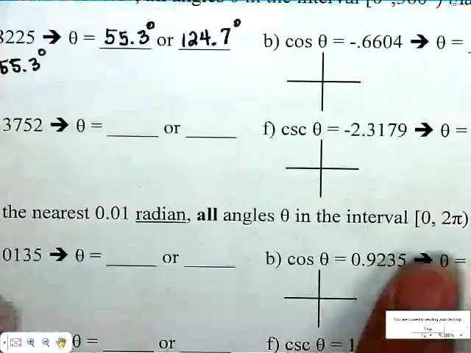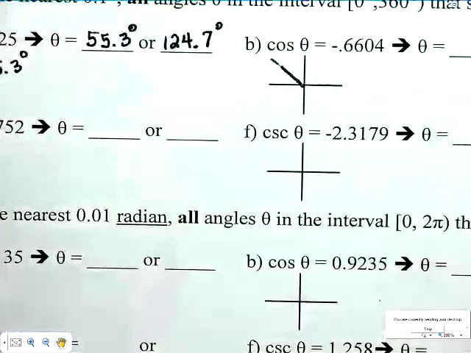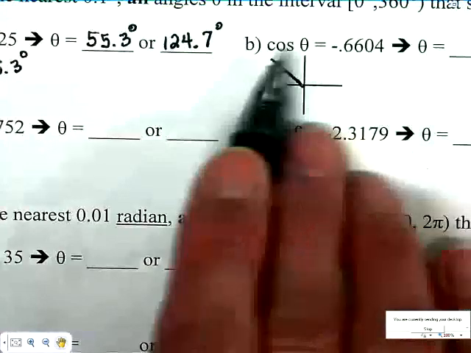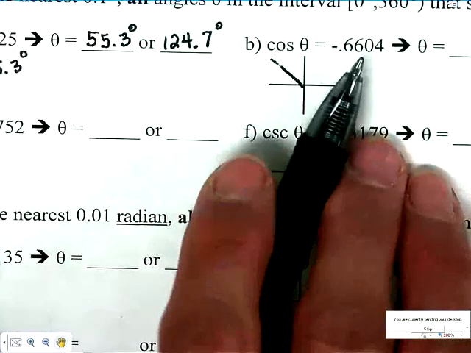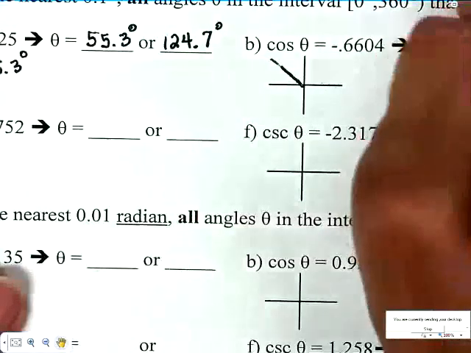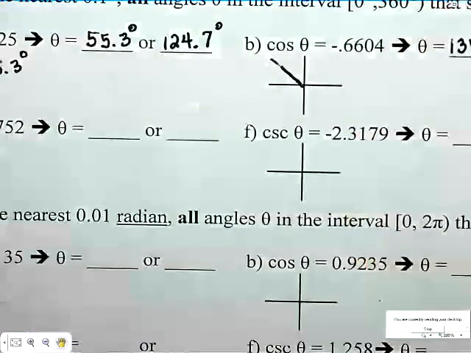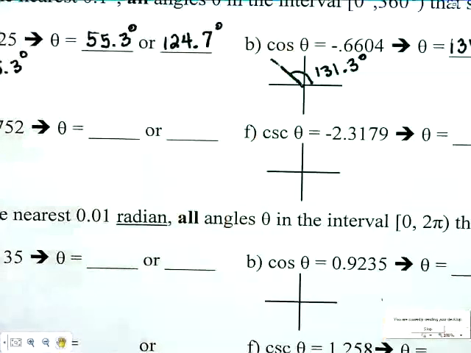So there's some angle in the second quadrant whose cosine is negative 0.6604. And I can use inverse cosine to find that. What do you get? That's what I got, 131.3 degrees. That's the second quadrant angle where cosine is negative 0.66.